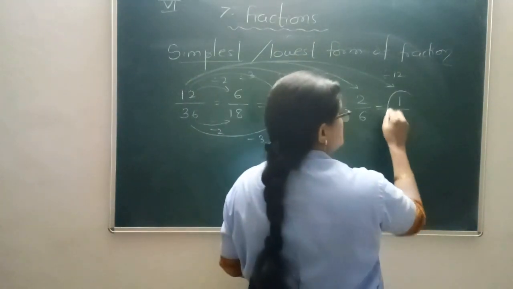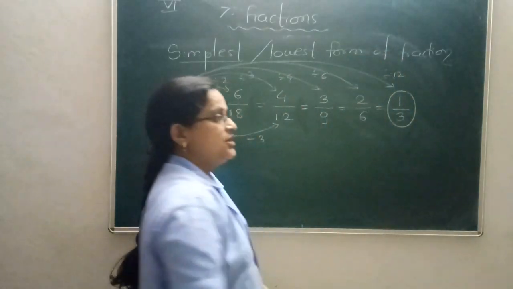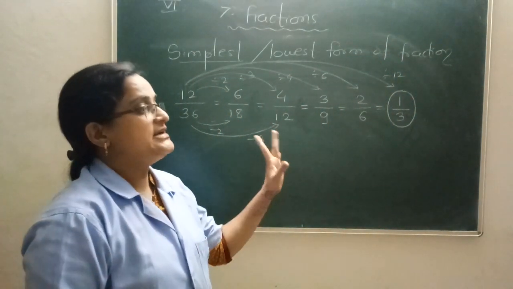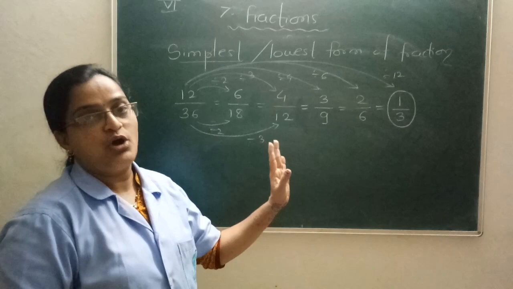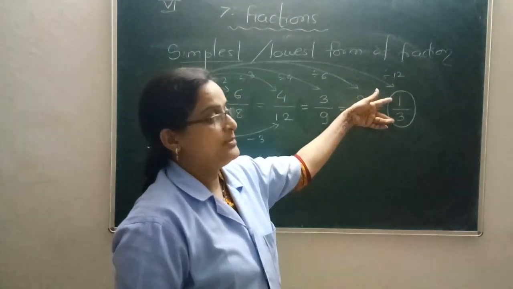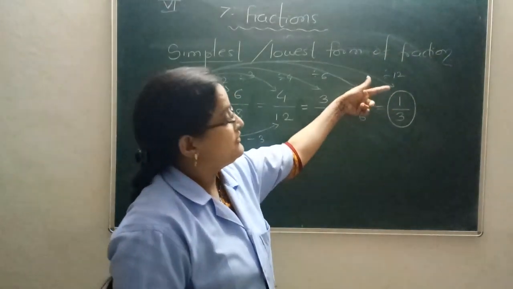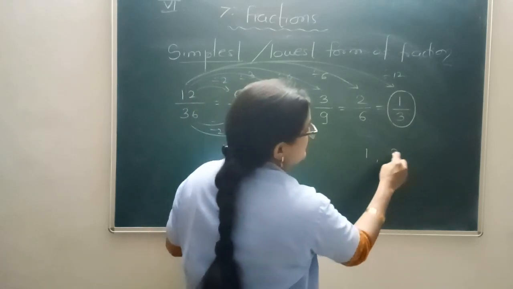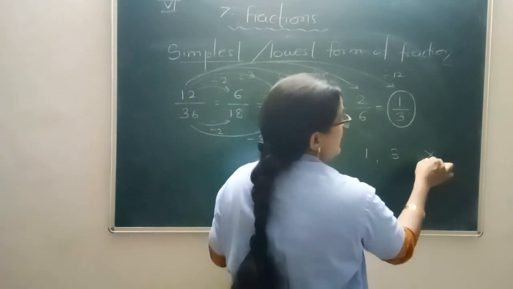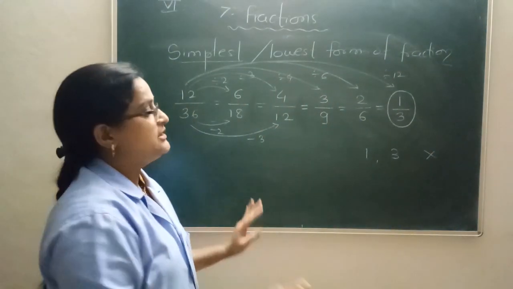But if you observe this last fraction, 1 upon 3, it doesn't have any factor common in numerator and denominator. What I mean to say, when you separately observe the numerator and denominator, they should have no factor common in them.